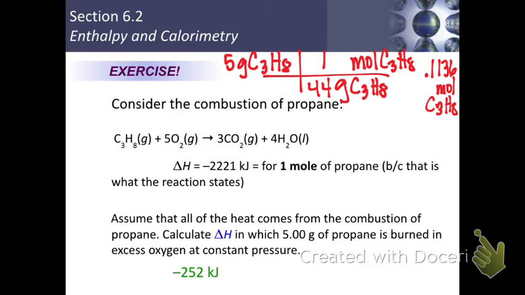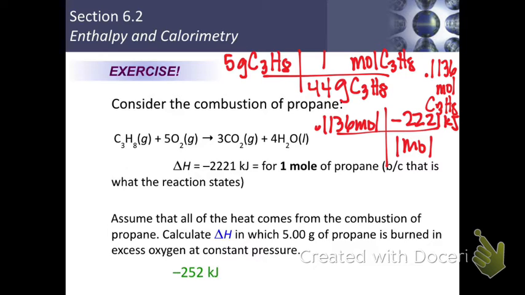So if I know that one mole of our propane produces this much heat change, I could just do another conversion to say, how much would 0.1136 moles produce? I would go 0.1136 moles, and I'd say 1 mole is negative 2,221 kilojoules. You could even do that in a continuation of the T-chart if you wanted.